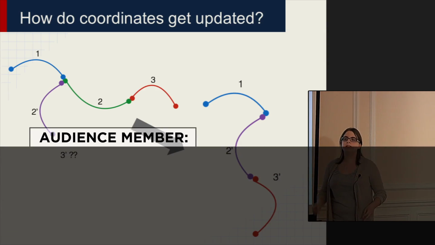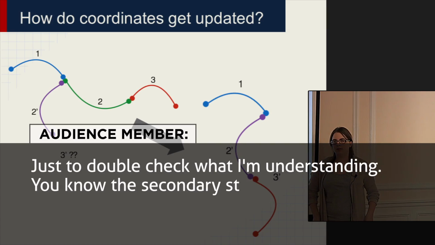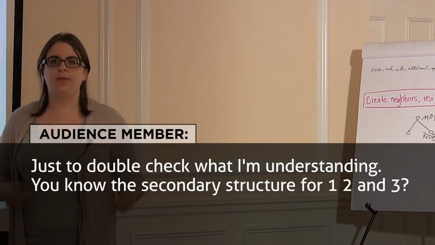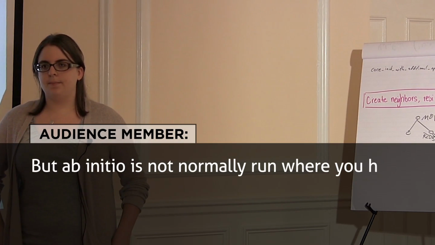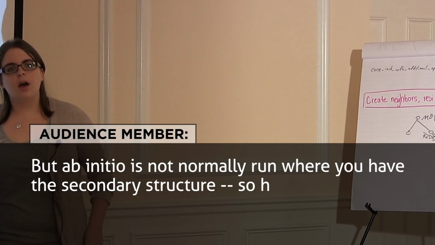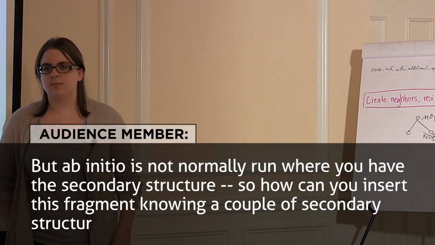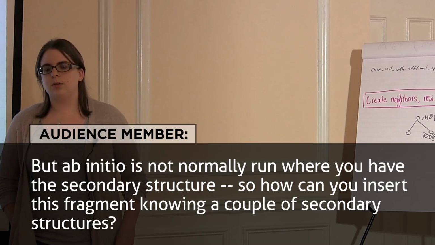Right. So the question was, do you know the secondary structure? And the answer is yes. When you run ab initio, I believe you provide secondary structure prediction. So probably this fragment insertion is based on sequence rather than knowing the secondary structures.